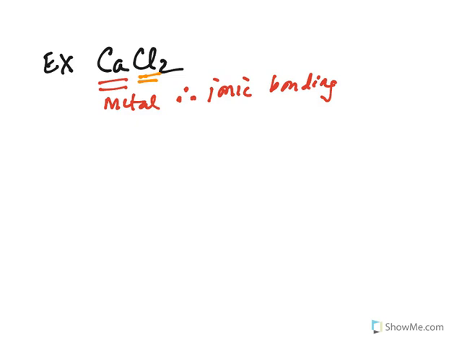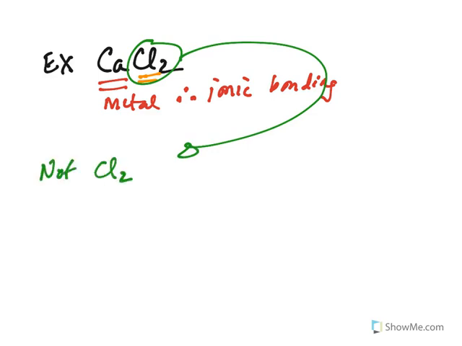But I just wanted to point out again that when you see Cl2 here, this is not Cl2 like gaseous chlorine. It's not chlorine atoms. Instead, what we have is two Cl minuses.